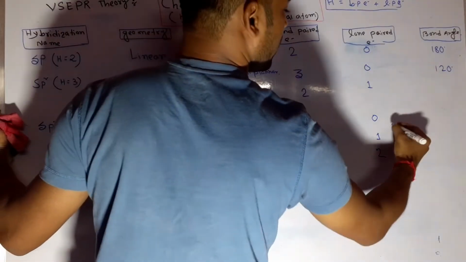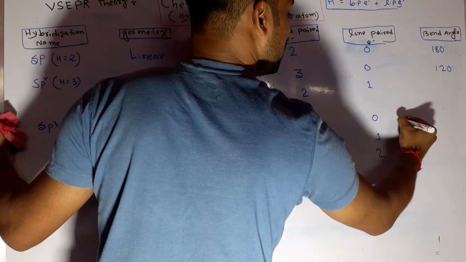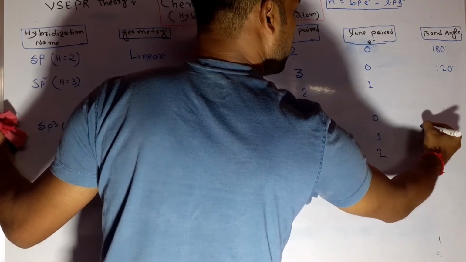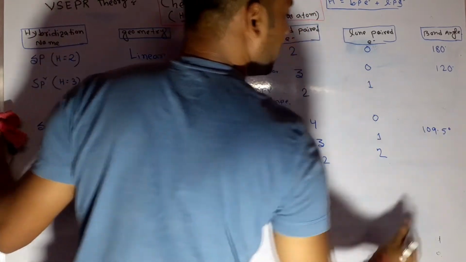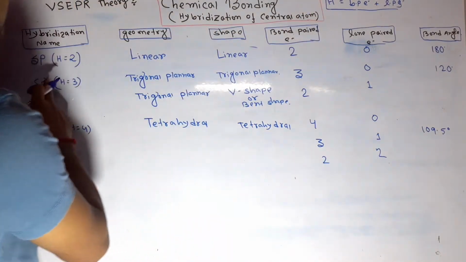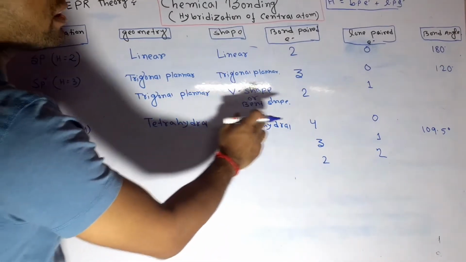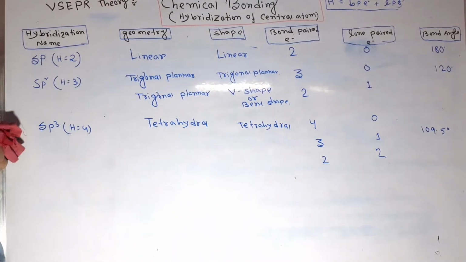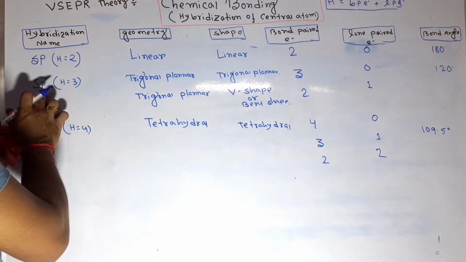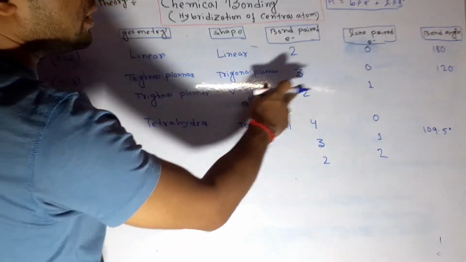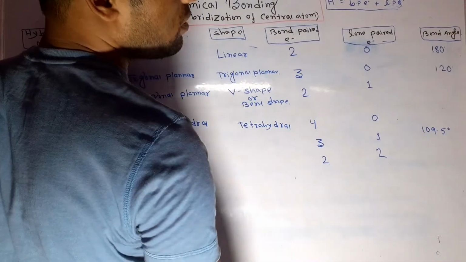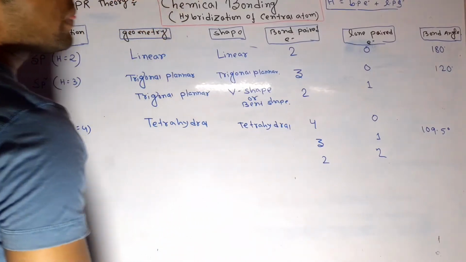And then the bond angle. For sp3 hybridization, the bond angle is 109.5 degrees. But in the sp2 case with a V shape or bent shape, the bond angle is not always 120 degrees.